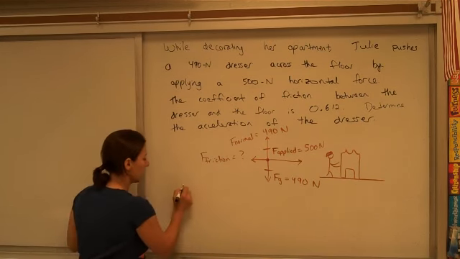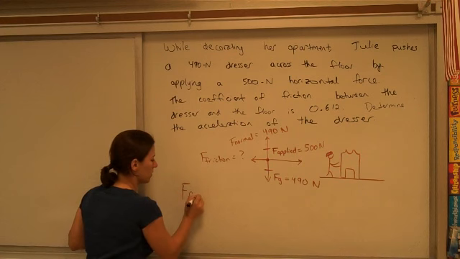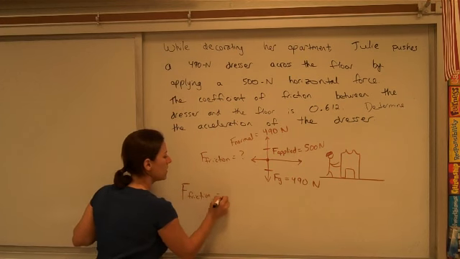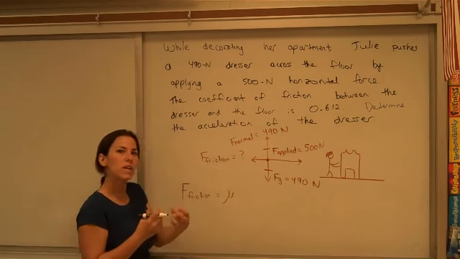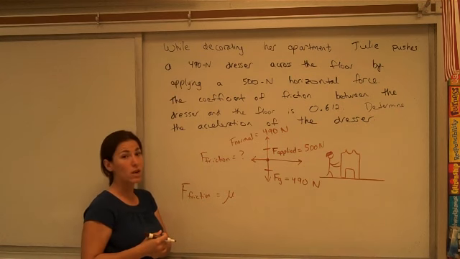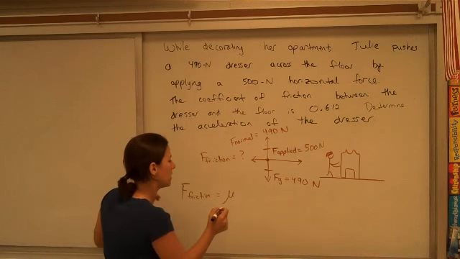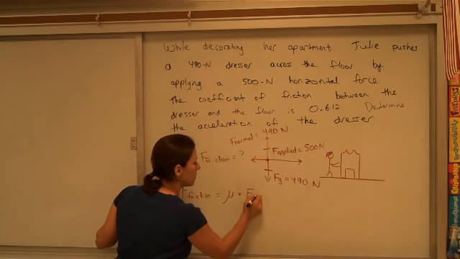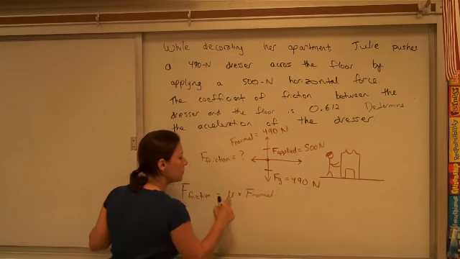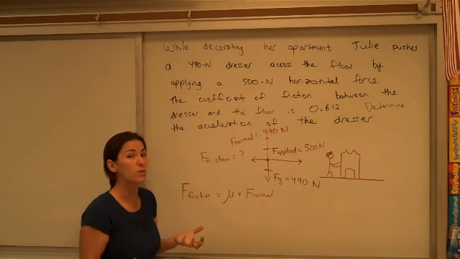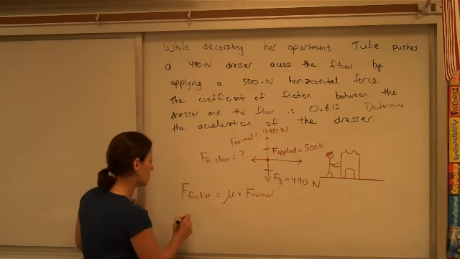Force of friction depends on two things. It depends on the coefficient of friction, which kind of tells you how sticky those two surfaces are together. It depends on how much those two surfaces are pressed together, which is really the normal force. And since both the coefficient of friction and normal force are known in this case, we can solve for the force of friction.